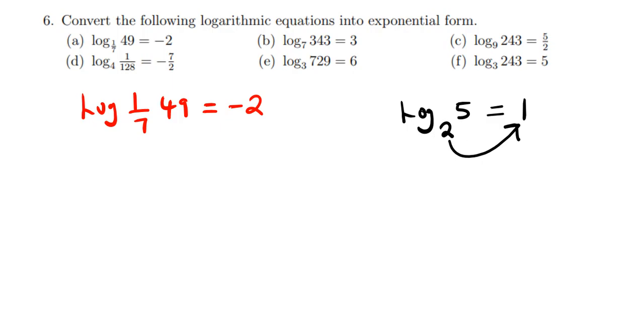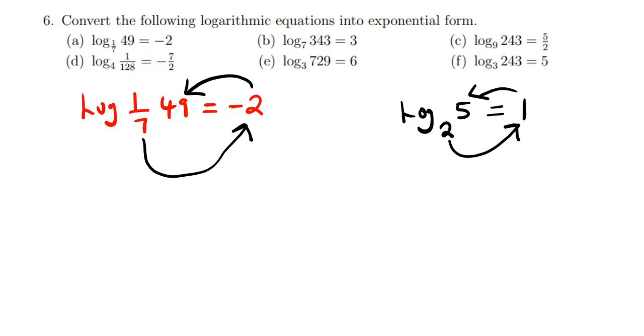So when you simplify it, I'm going to have 2 to the power 1 is equal to 5. Very simple and very straightforward. Even in our case, that's what we're going to do. I'm going to say 1 over 7 to the power negative 2 is equal to 49.